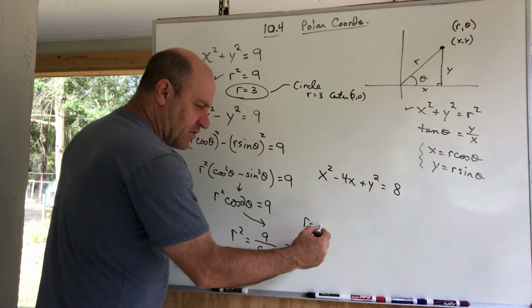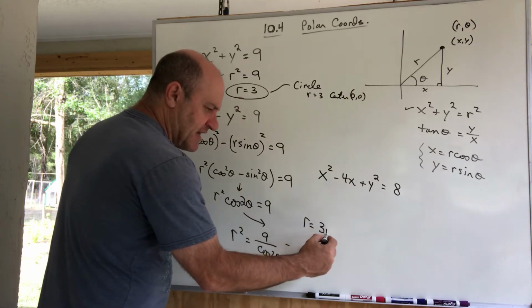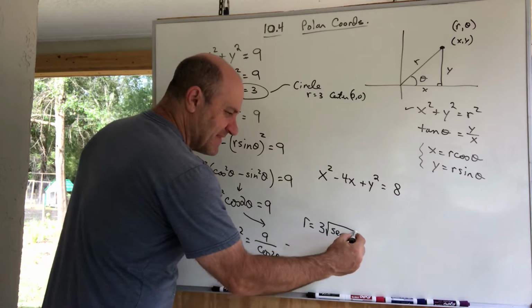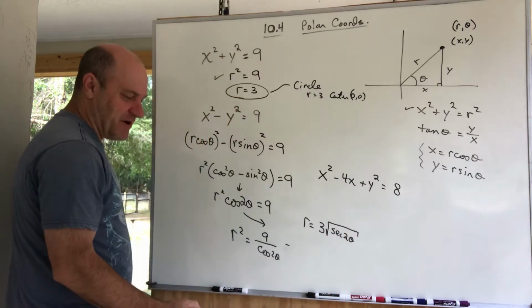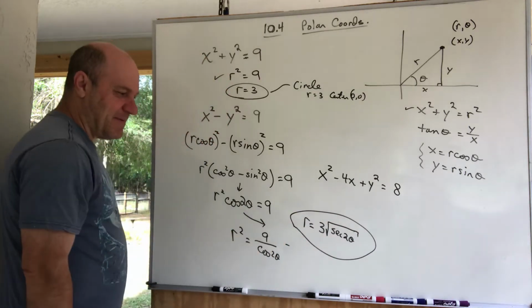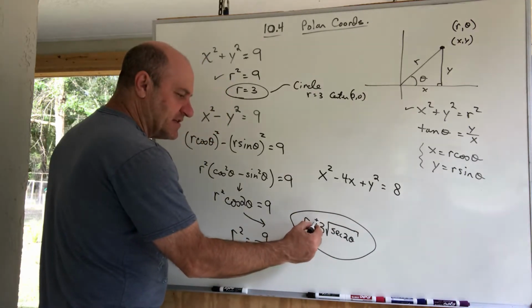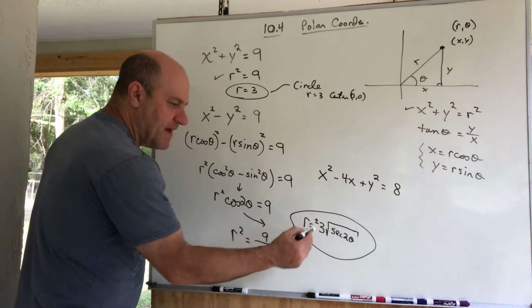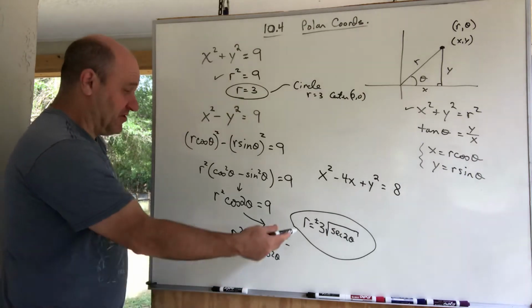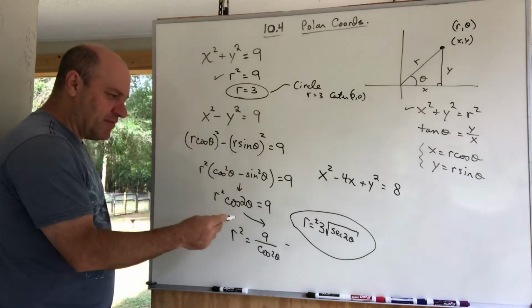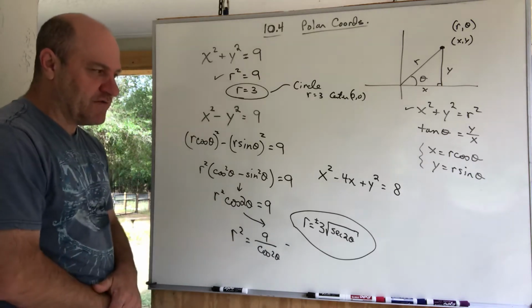So I would take the square root, and I'd have 3 times the square root of secant 2 theta. That's pretty weird, but technically, I think maybe I do need the plus and minus on this since I'm square rooting that. Anyway, that should give me this hyperbola I was discussing. But I just wanted to show you some of the moves, some of the identities that might be useful.